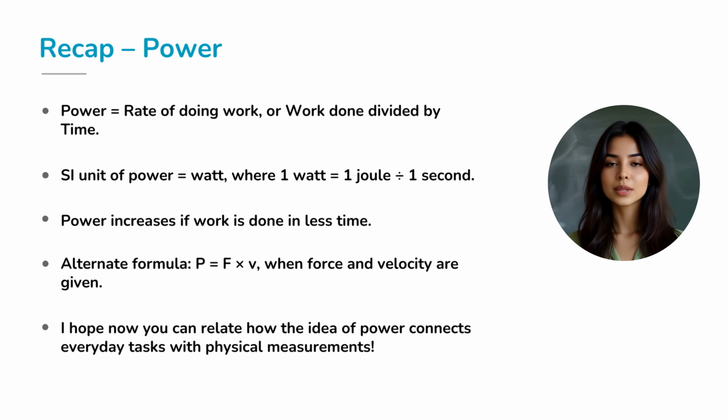Alternate formula, P equals F multiplied by v, where F is force and v is average velocity. Now, whenever you see a light bulb marked as 60 watts, you'll know it means it uses 60 joules of energy every second. That's the magic of understanding power. It connects motion, energy, and time.